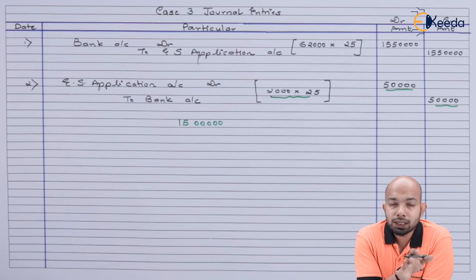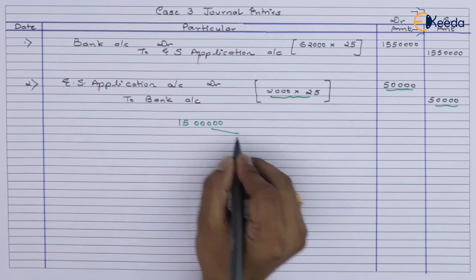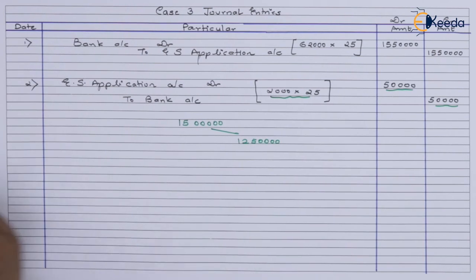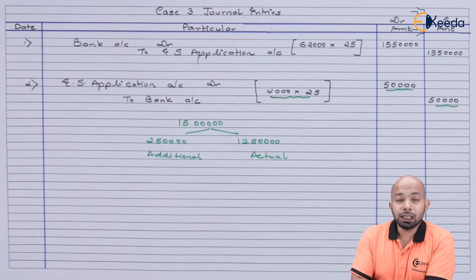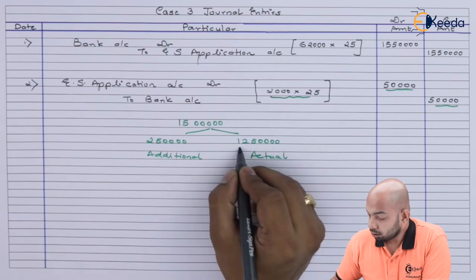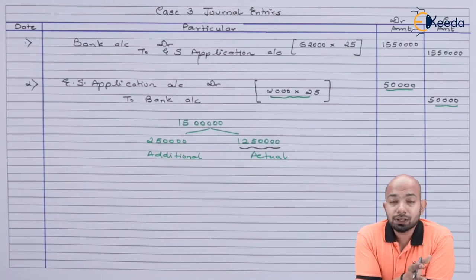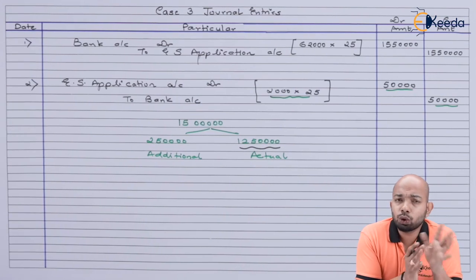Ideally, we were supposed to receive an application money of 50,000 into 25 rupees itself. That means we're supposed to receive ideally 12 lakh 50,000 rupees, if we had subscriptions only for 50,000 shares and there was no pro rata allotment.